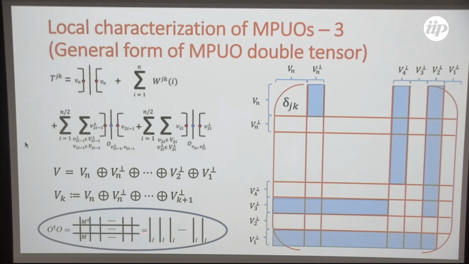So it wouldn't be 1 times identity, but it would be some scalar times identity. That's why we have to have only one block that will give us contribution. And this one block has to be one-dimensional, simply because otherwise, if we see this as an MPS, it wouldn't be a product state. There would be entanglement between different parts.